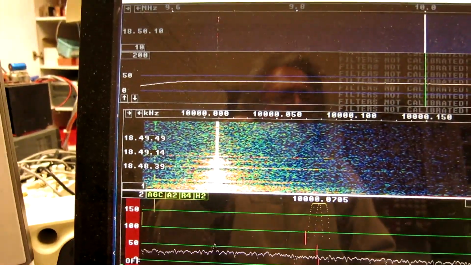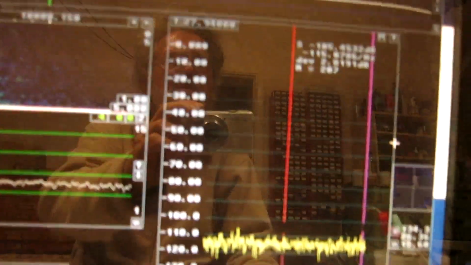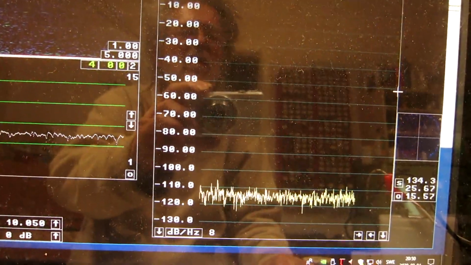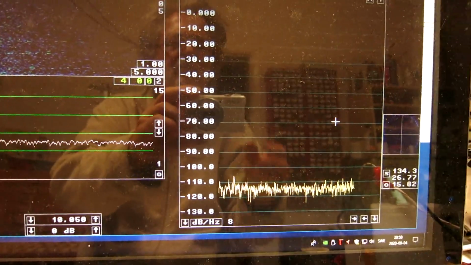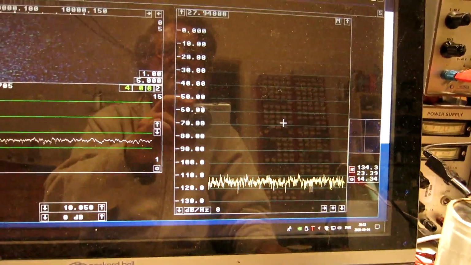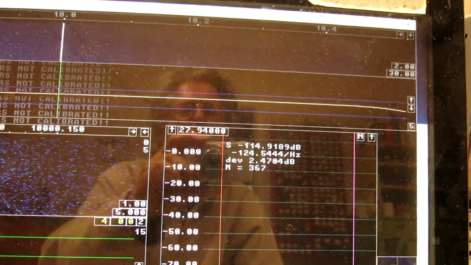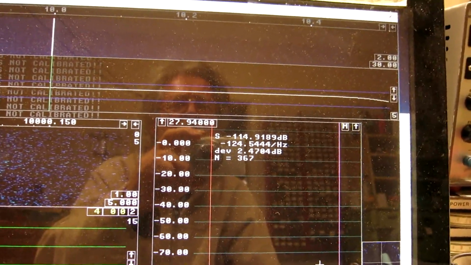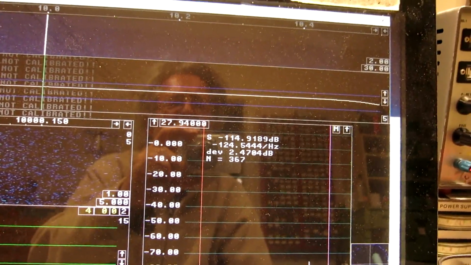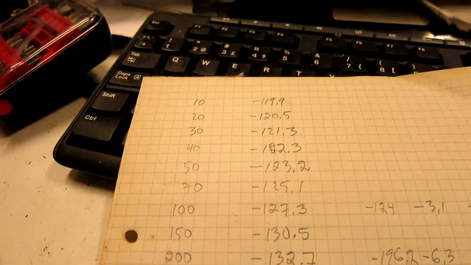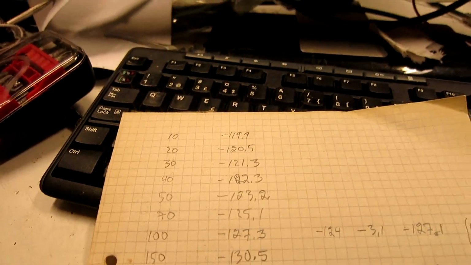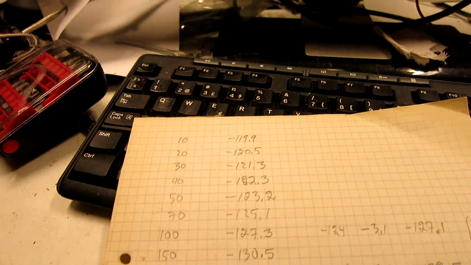I have moved it to a safe position and clear the S-meter graph and wait again. And now I see minus 124.5 as compared to minus 125.1. So that's a 0.6 decibel error.